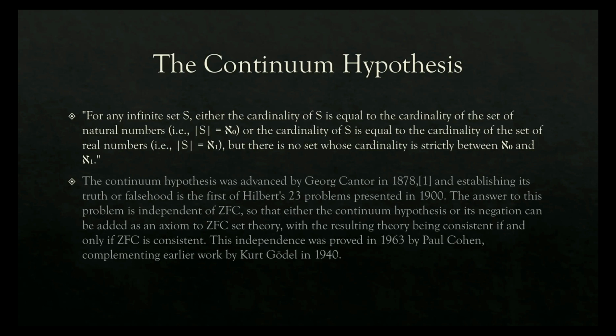If we are to find such a set, we are able to establish the multiple layers of cardinalities that exist between the natural numbers and the real numbers. And this is what we are trying to establish at this point, that there is such a strict set between the two.